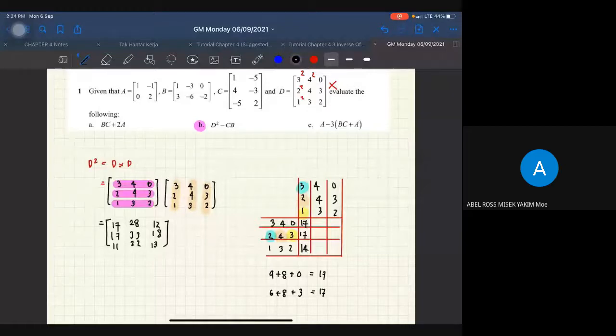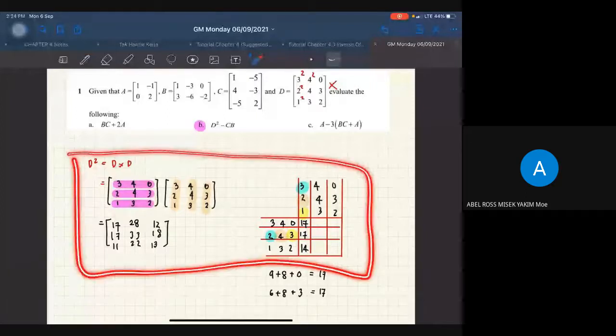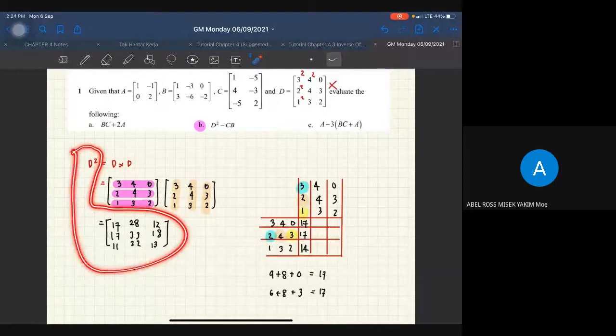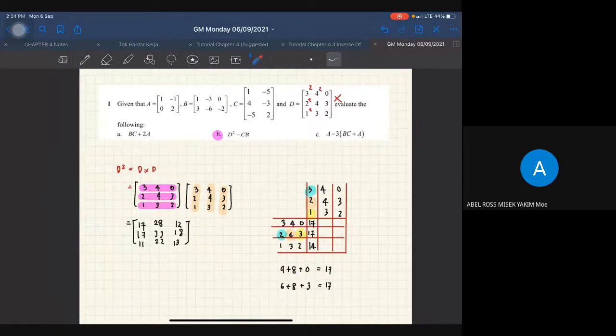Tapi kalau soalan subjektif, awak kena includekan semua method. Kalau objektif sahaja, awak boleh terus kira dan dapat jawapan, sebab yang penting adalah jawapan akhir awak. Dia tak tengok jalan kerja pun. Alright, itu adalah D squared.